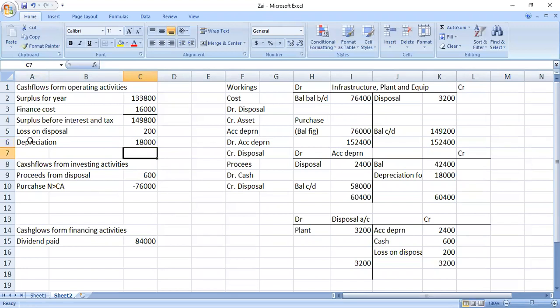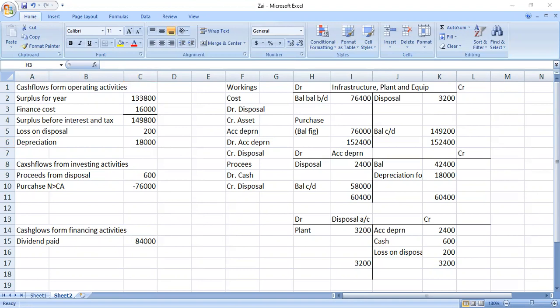Okay, so once you're done there with your workings, now you go back to your income statements and try to go line by line to see if you can finish everything. So when I go to my statements, I'll begin with the income statement. With the income statement, you don't begin from the top, taxes, revenues, no. As far as the indirect method is concerned, you only begin with a line that says profit before interest and tax.